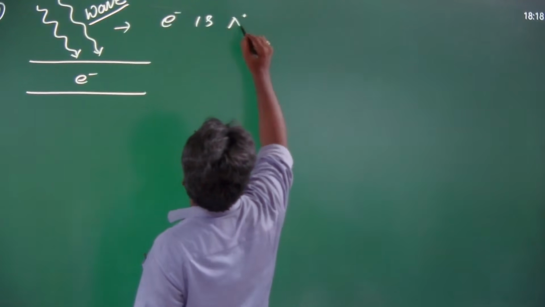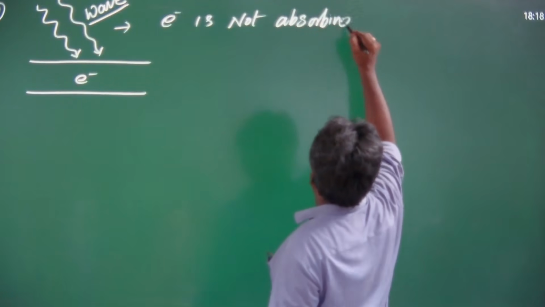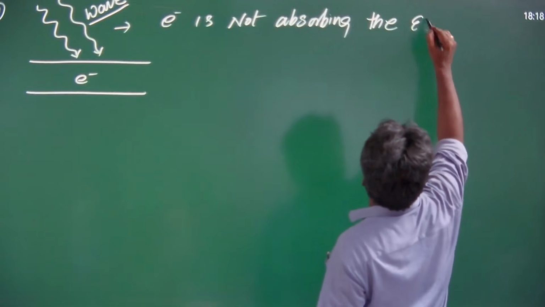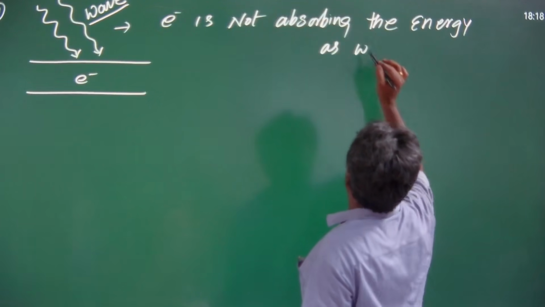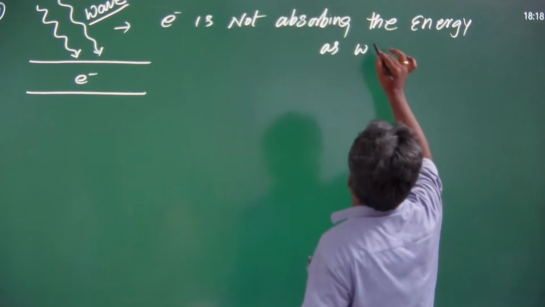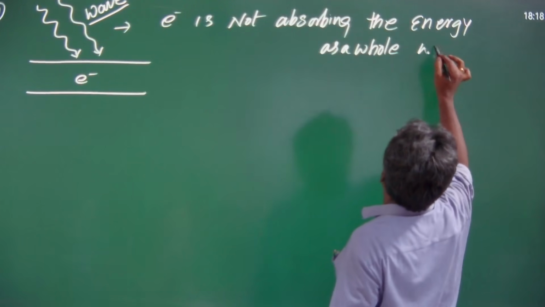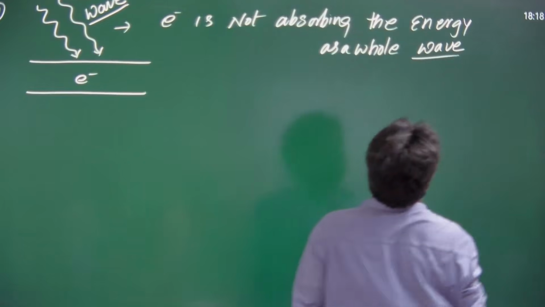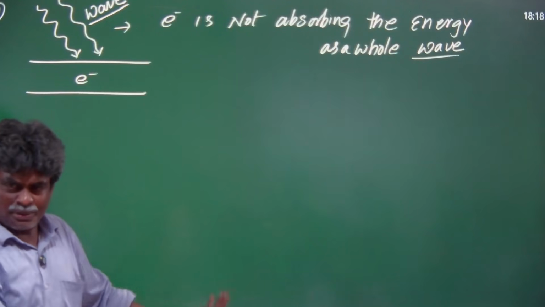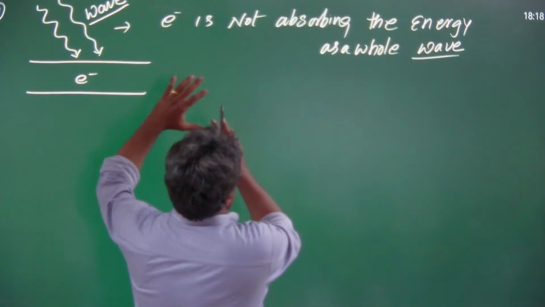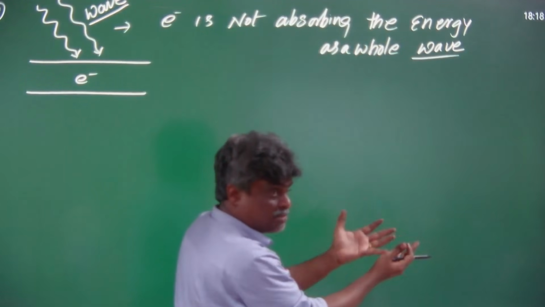The electron is not absorbing, very good, the energy as a whole. Maybe my English is not that good, but you understand. So the electron is not absorbing the energy which you are sending, not absorbing like a wave.